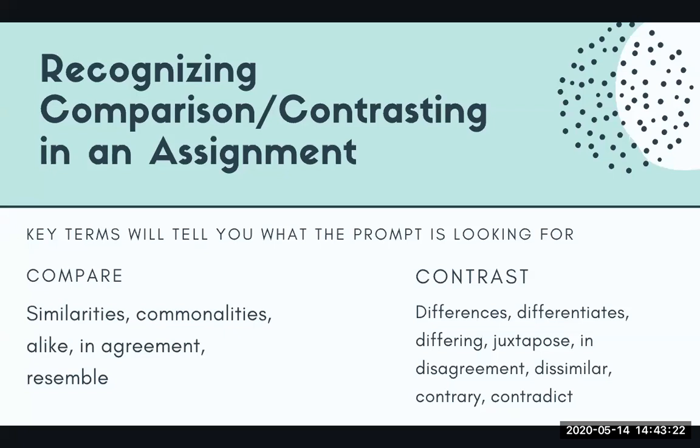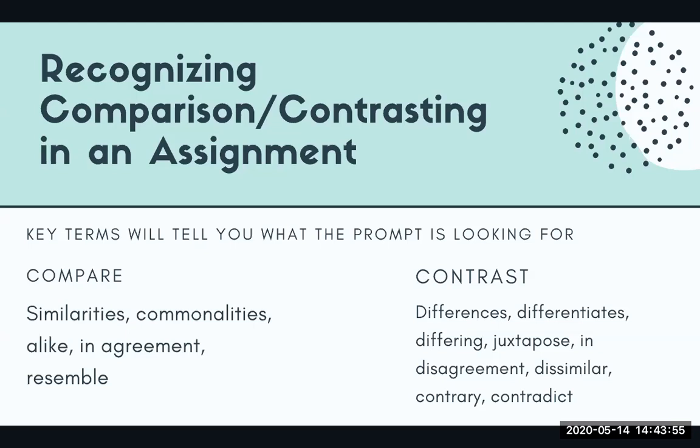For compare, you might find words that look like similarities, commonalities, alike, in agreement, or resemble. For example, if your professor wants you to compare Batman and Superman, your professor might ask you, what are some similarities that these two superheroes have, or what are some commonalities? How are they alike?